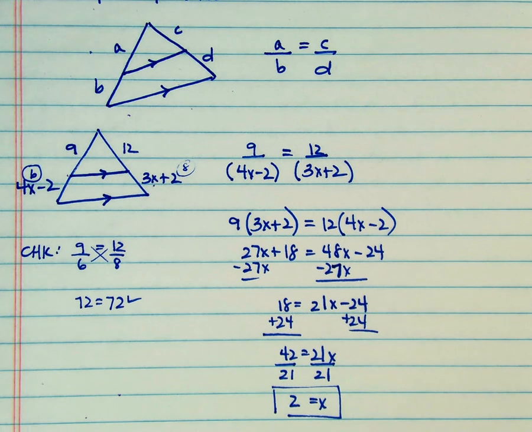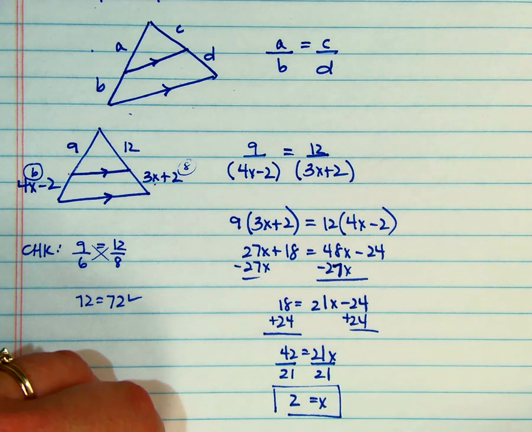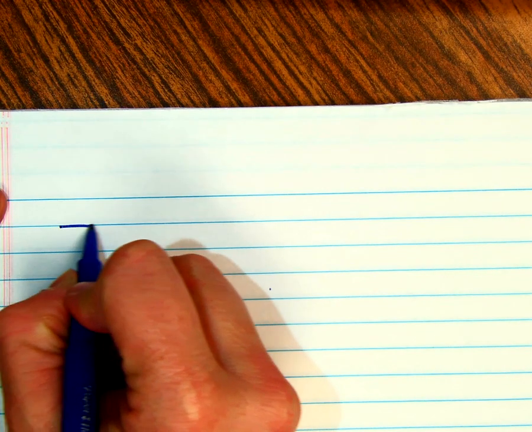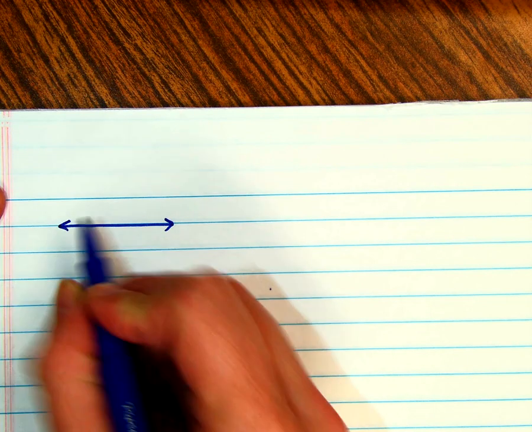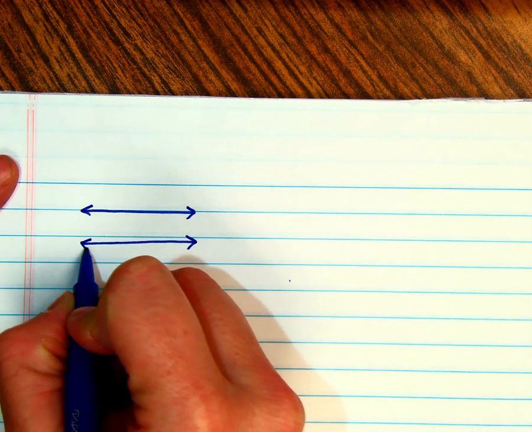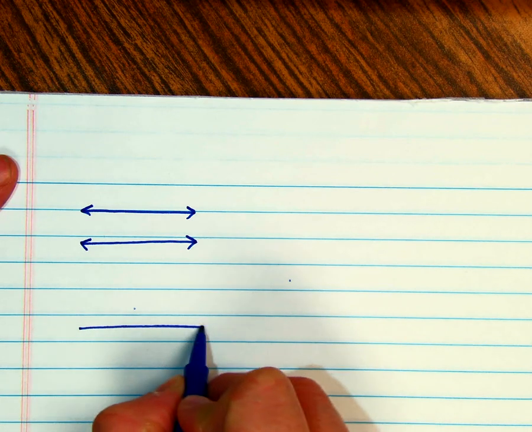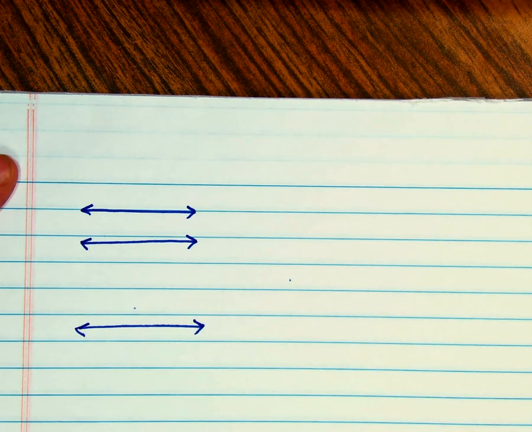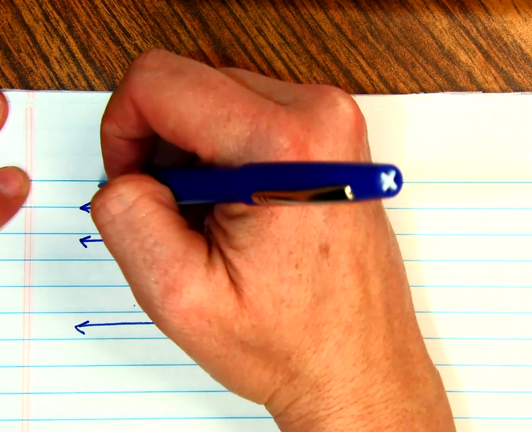We could use the same idea if we just have parallel lines, using kind of the same idea as the side splitter, but not having it in the form of a triangle. I'm definitely exaggerating the space in here so you don't think that they are equally spaced.